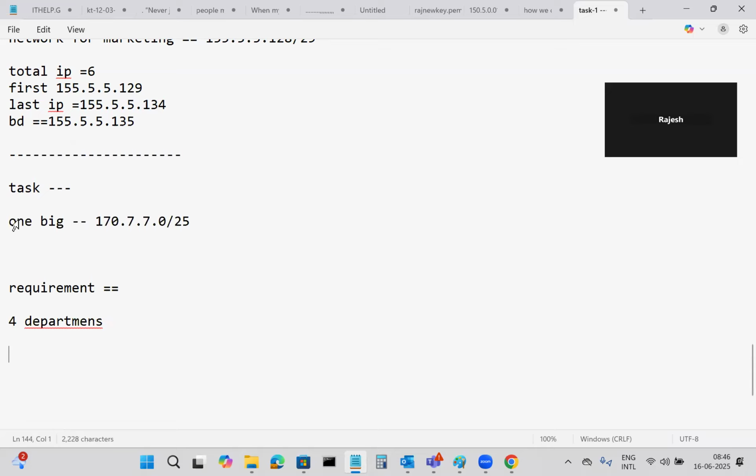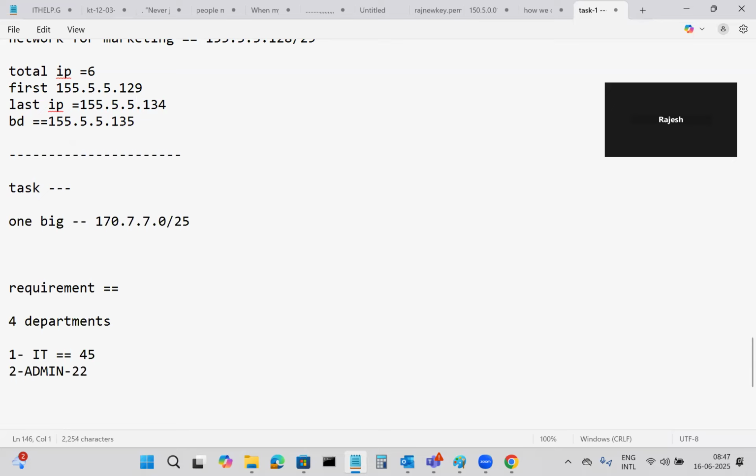Number one, the IT department, which has a requirement of 45 IPs. Second, the admin department, which has a requirement of 22.